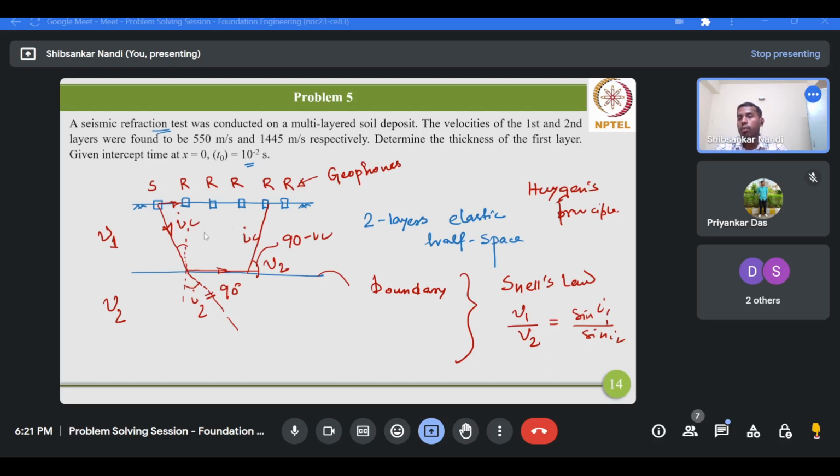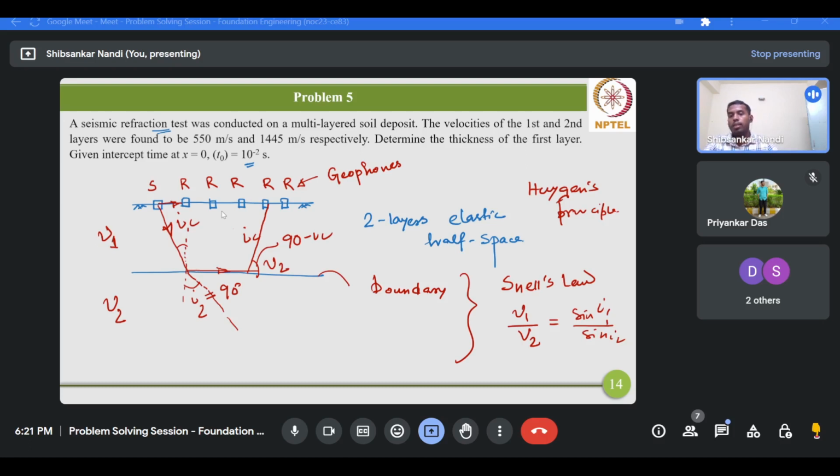Earlier in the seismic reflection test, this was the limitation, the difficulty, of which wave is coming fast. This difficulty is ruled out in this test, as there is no need to consider which wave is arriving first. You only have to record the time, whatever wave it may be, either direct or the critically refracted.